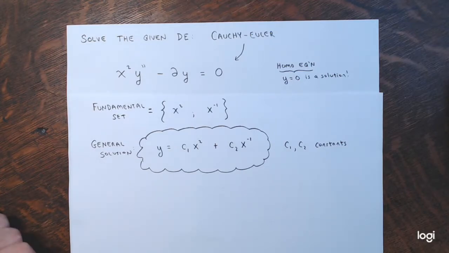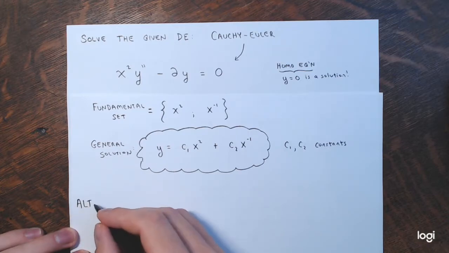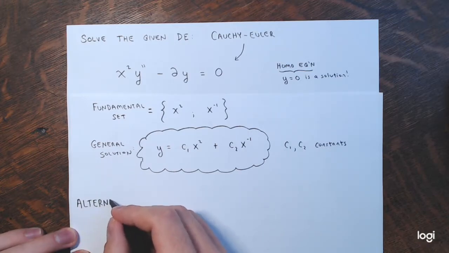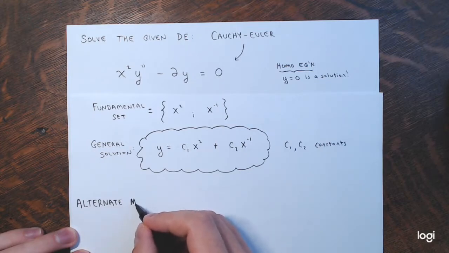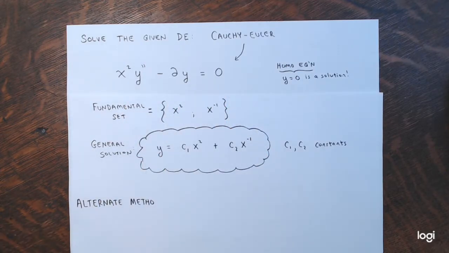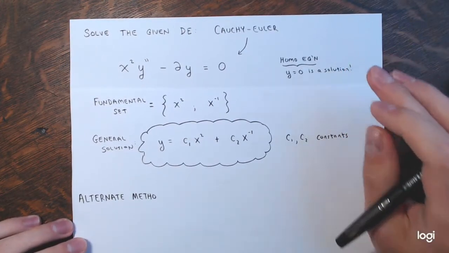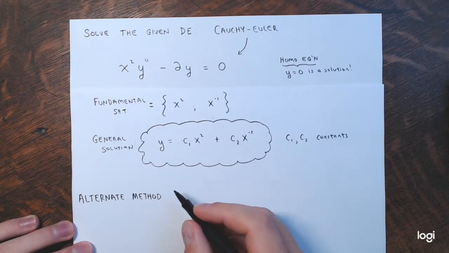All right. Now that is one way of going about solving a Cauchy-Euler equation. An alternate method is to transform a Cauchy-Euler equation into a linear equation with constant coefficients through a simple substitution. And this substitution will do that transformation for any Cauchy-Euler equation.